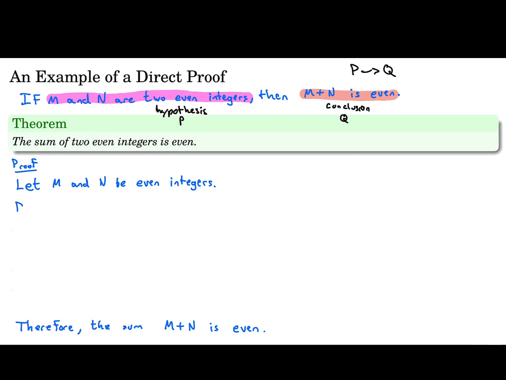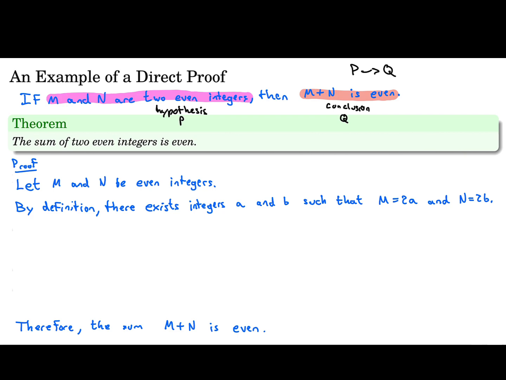By definition, there exist integers A and B such that M is equal to 2 times A and N is equal to 2 times B. This is the definition of being even.